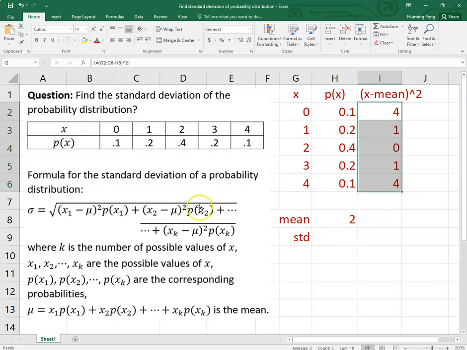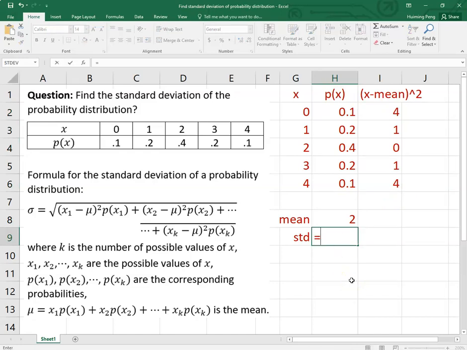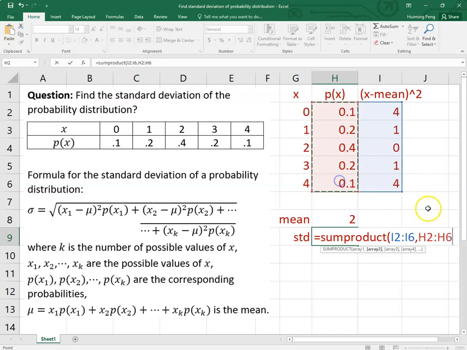Now the formula for the standard deviation is the square root of the sumproduct of this column and p(x), right? Now equals SUMPRODUCT, highlight this column, comma, and this column, parenthesis.